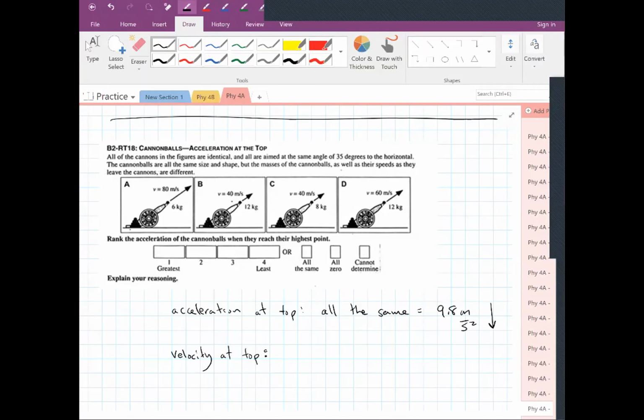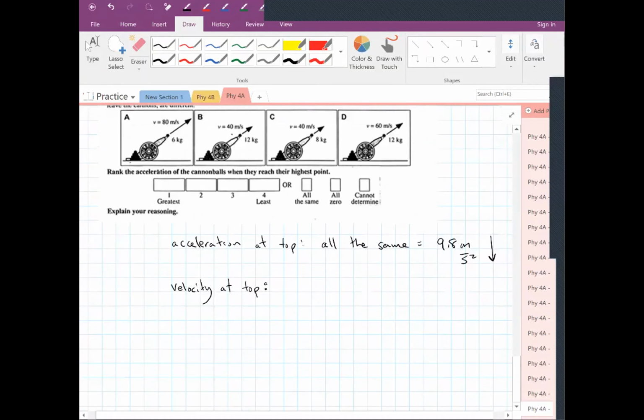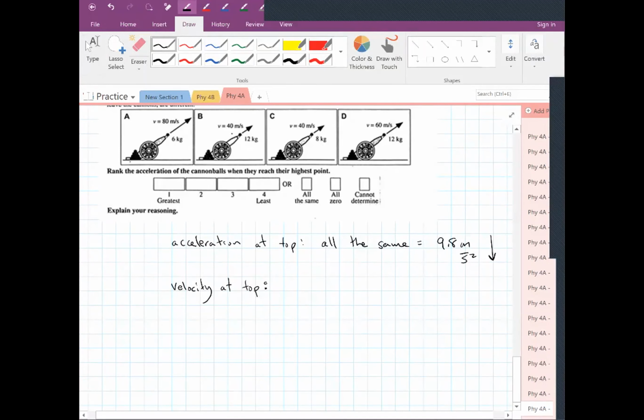So we can figure it out here because they tell us the launch speed and the angle. Let's just look at A. We've got 80 meters per second and an angle of 35 degrees.